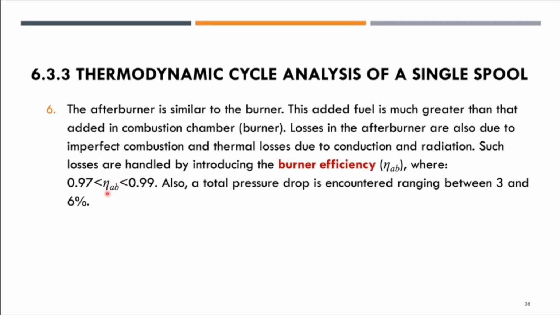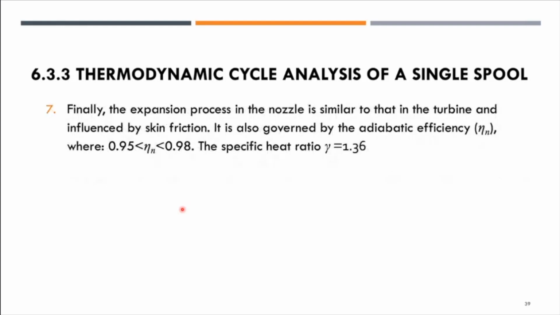You can see here the efficiency of the afterburner is around 0.97 to 0.99. Okay, this is probably due to the imperfect combustion and thermal losses due to conduction and radiation. Okay, total pressure drop ranging between 3 and 6%.